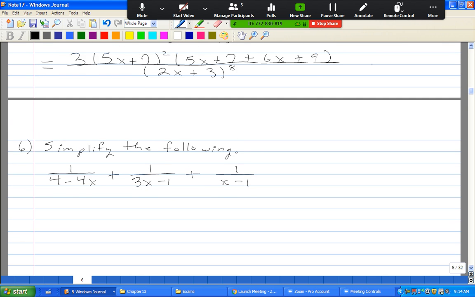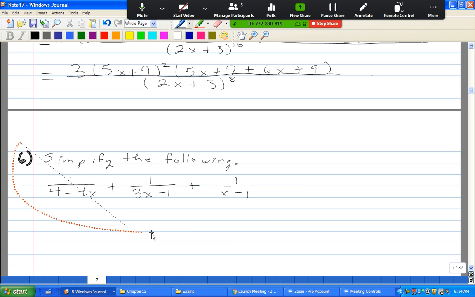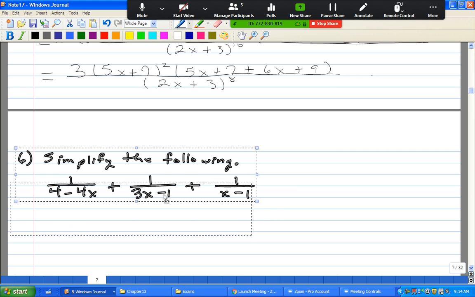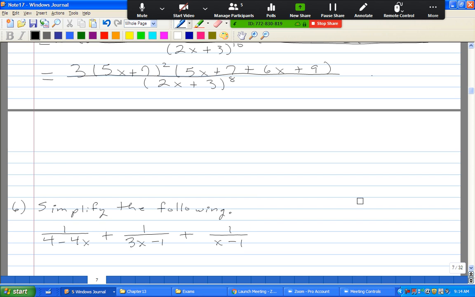And so I finally get the following. This is equal to 3 times 5x plus 7 squared.